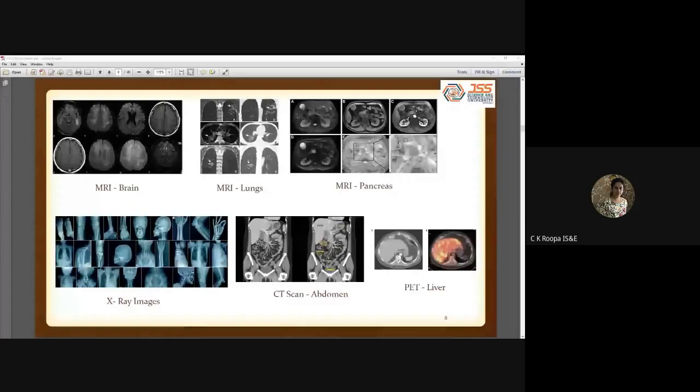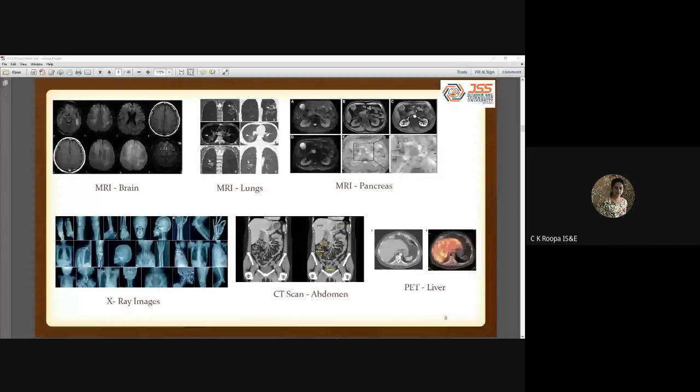You can identify the level of the liquid that is present, and through that the level of metabolism taking place in different organs, like the liver, pancreas, large intestine, small intestine, or even the urinary bladder. So multiple organs can be visualized through this kind of scan.